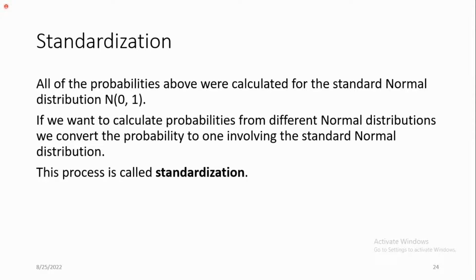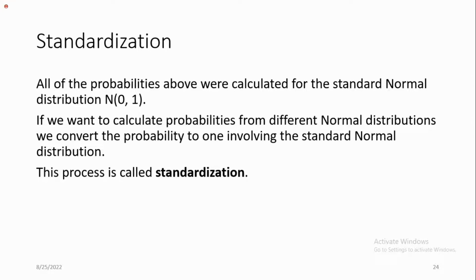If you have any other parameters like mean 4, variance 2, mean 3, variance 5, likewise, if you have any other values for the parameters mu and sigma squared, you cannot use the standard table yet. Okay. So if you want to use the same standard normal distribution table to find probabilities of a normal random variable, you need to know the process of standardization.